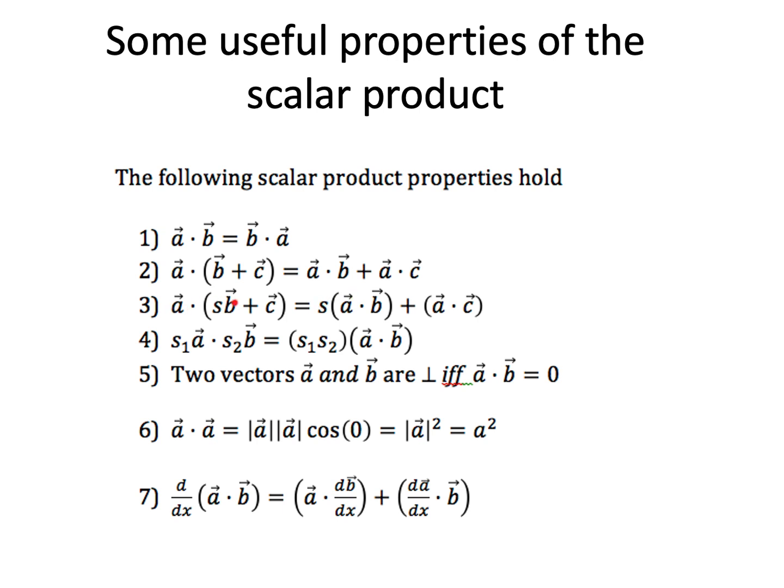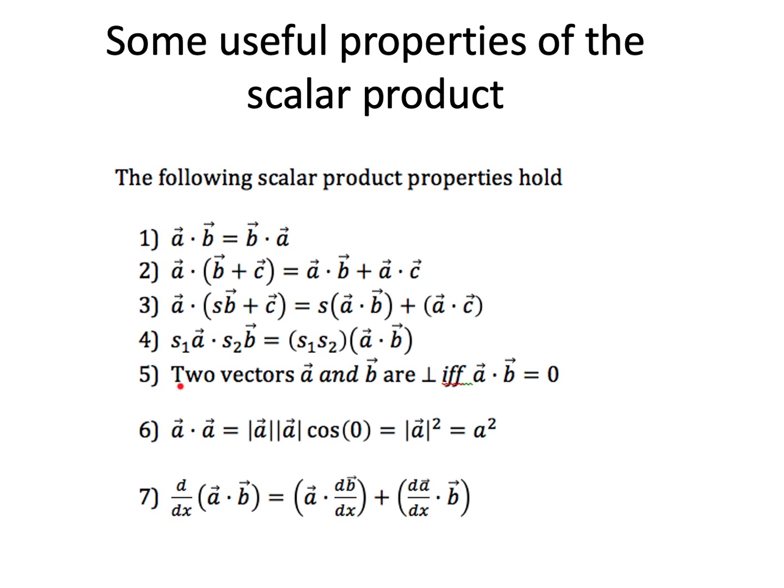And so I distribute this the same way, and this becomes S times A dot B plus A dot C. Similarly, if I've got some S1 A dot some S2 B, I just factor out the scalars. That's why it's an S, because these are just regular numbers. And so that leaves me with A dot B times the product of those two scalars.